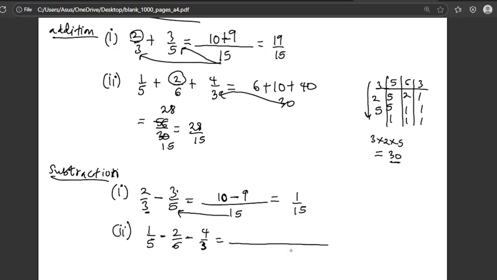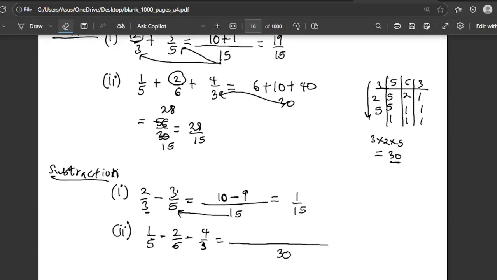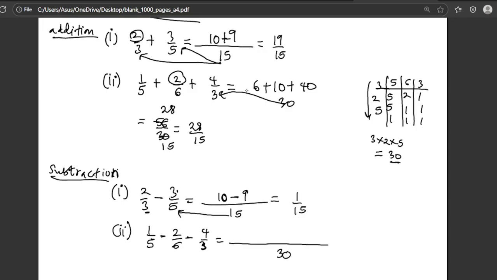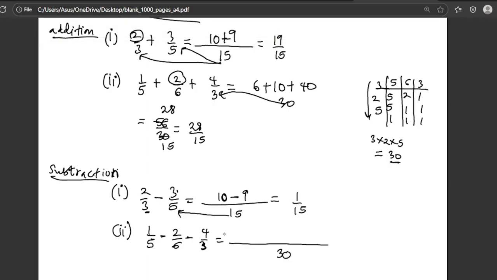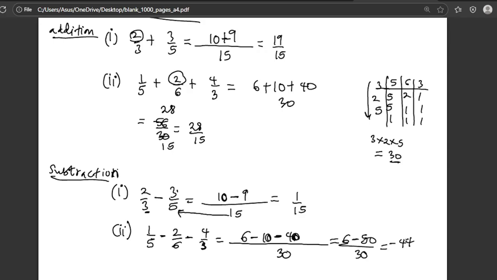We start with the first term: 30 divided by 5 is 6, times 1, minus 30 divided by 6 is 5, times the numerator 2 is 10, minus the third fraction, where the denominator is 3: 30 divided by 3 is 10, times the numerator 4 is 40. That gives 6 minus 10 minus 40 over 30, which is minus 44 over 30.